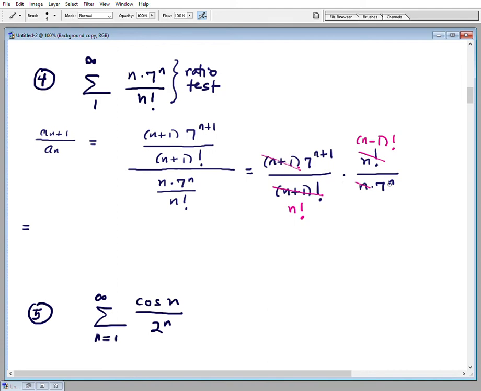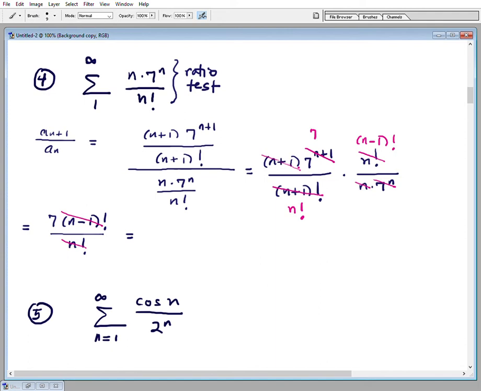And then we have 7 to the n and 7 to the n plus 1, so we're just left with 7 on top. So let's see, what do we have left on top? We have 7 times n minus 1 factorial in the numerator after the canceling. And then the denominator, we have n factorial. So now we have some canceling right here that we can do. n minus 1 factorial and n factorial. n factorial is n times n minus 1 factorial.